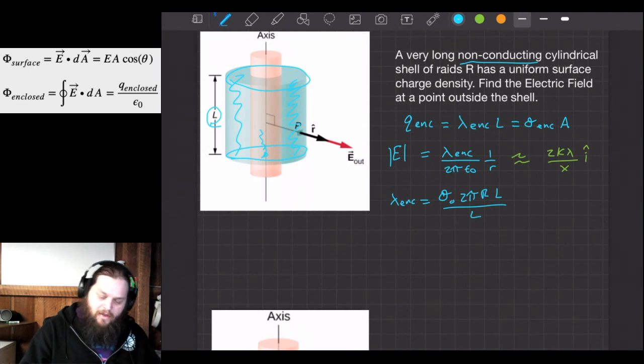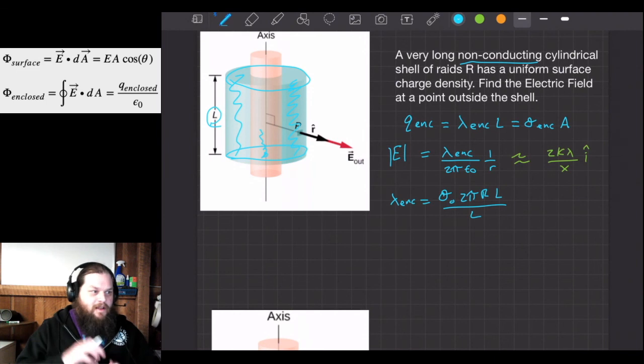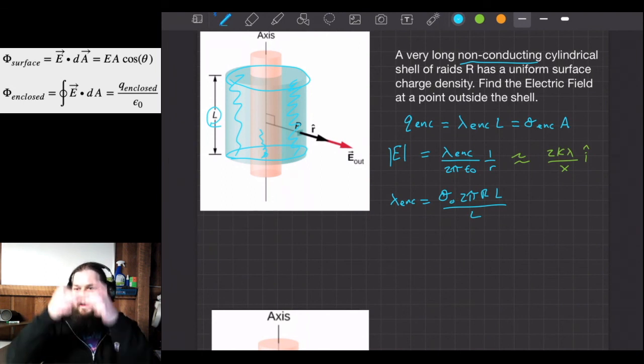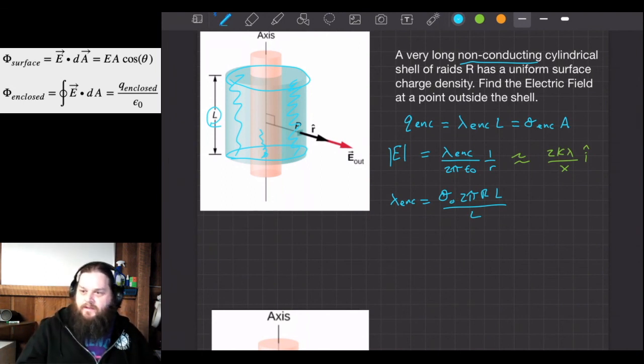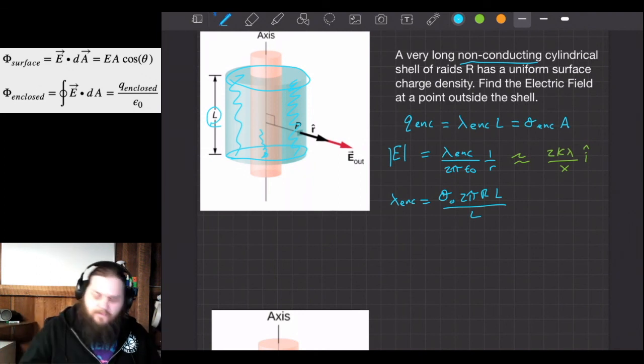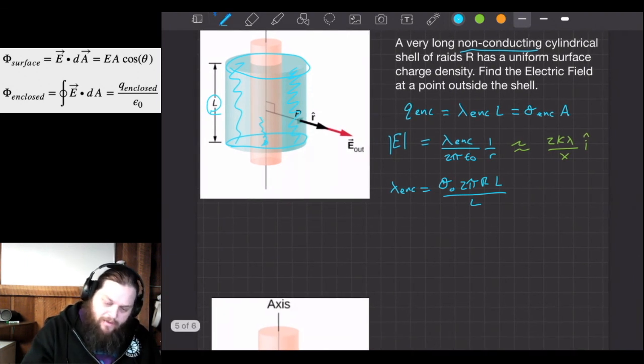We plug that in for our charge for lambda over L, and we multiply it by L. The 2 pi r is the circumference around that wire, multiplied by L gives us the height, and we get the full surface of the wire. If we simplify this, canceling our L's, this is just equal to sigma naught 2 pi r.